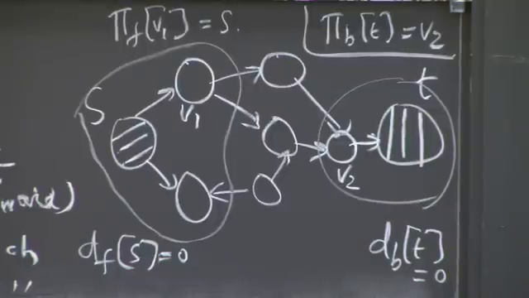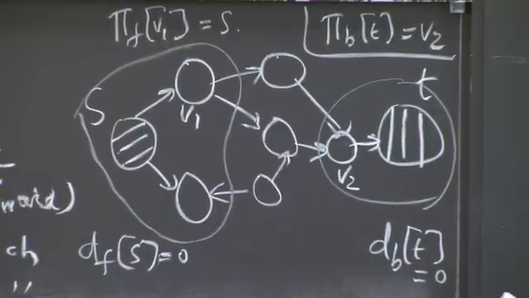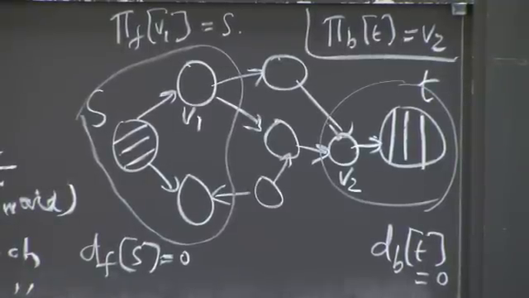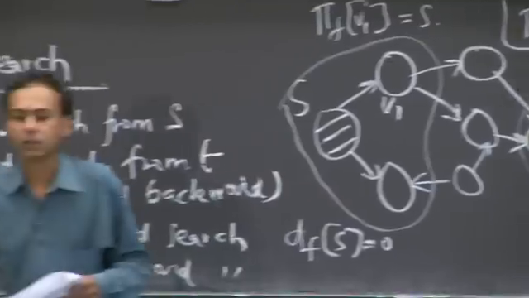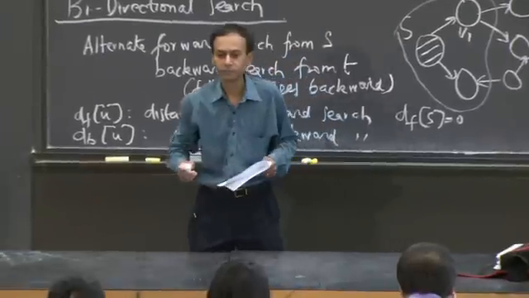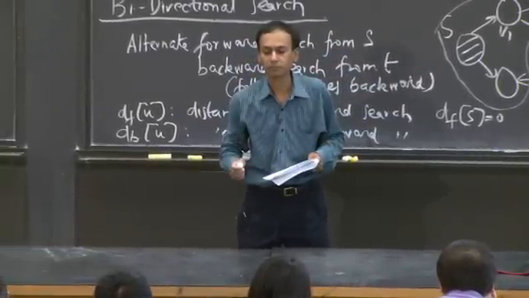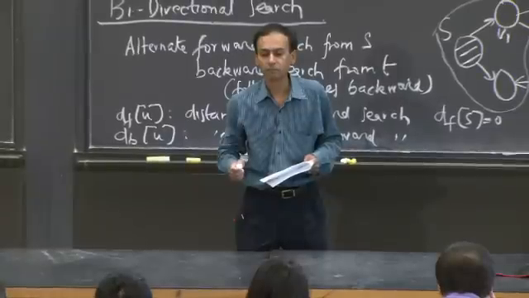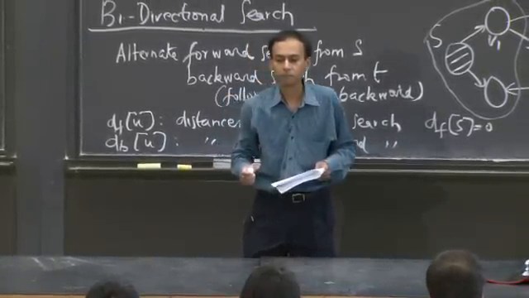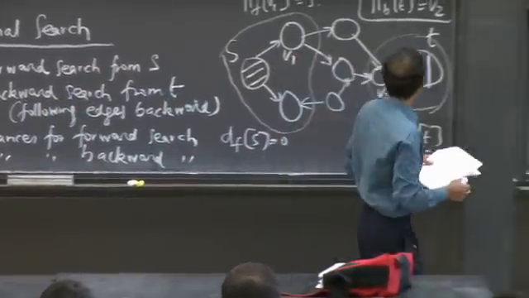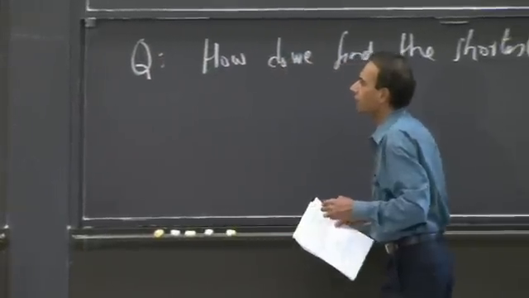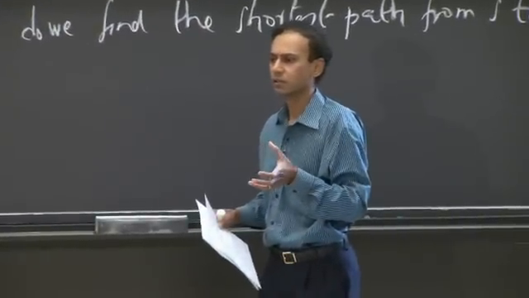All right. So how do I find the shortest path from S to T after these frontiers have met and I've terminated this search? How do I do that? Someone? Go ahead. Given that data structure, you start at your T, and you keep on going back until you get to the point where they meet, and then you use the pi F to go from that node all the way back to S. So what I'm going to have to do is, but where do I switch is the question.